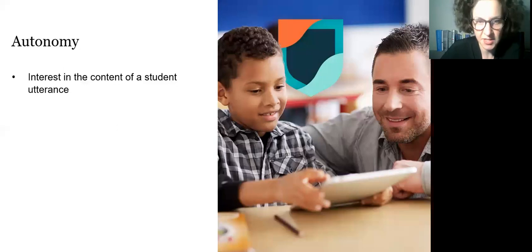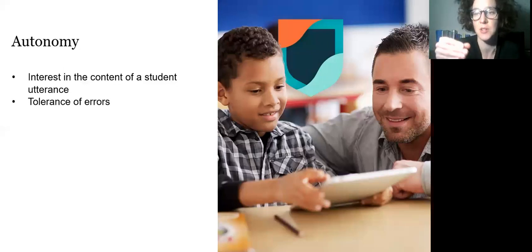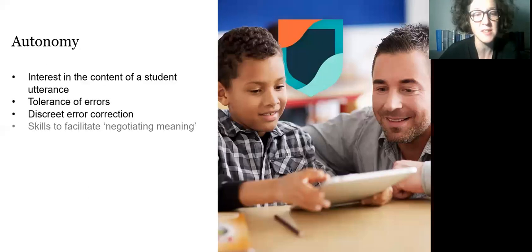Interest in the content of a student's utterance, you should have, and students, of course. Then tolerance of errors. As a teacher, you need to be tolerant, especially pay the most attention to the errors that are in the target language, in the topic. Then discrete error correction, especially for the speaking tasks, goes to the end of the speaking task.